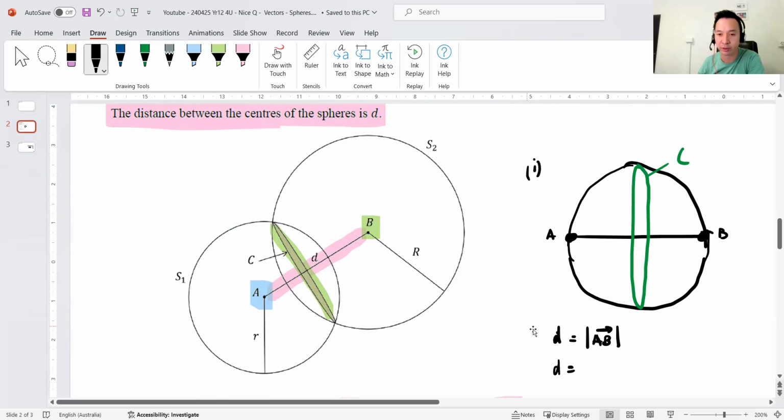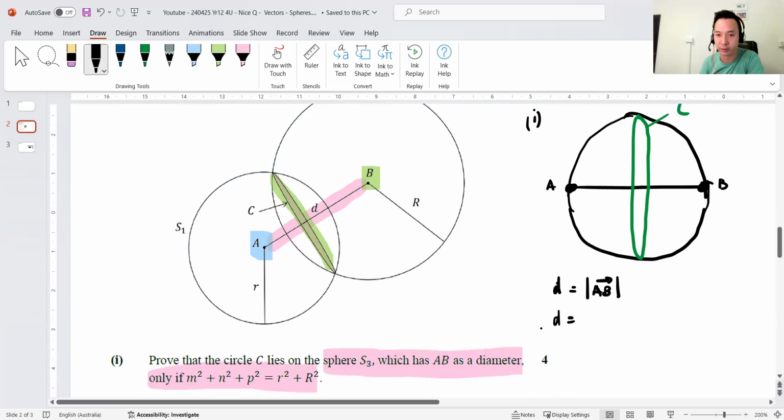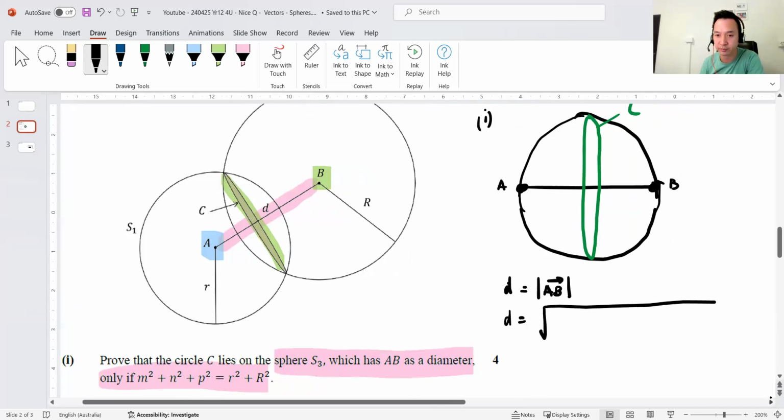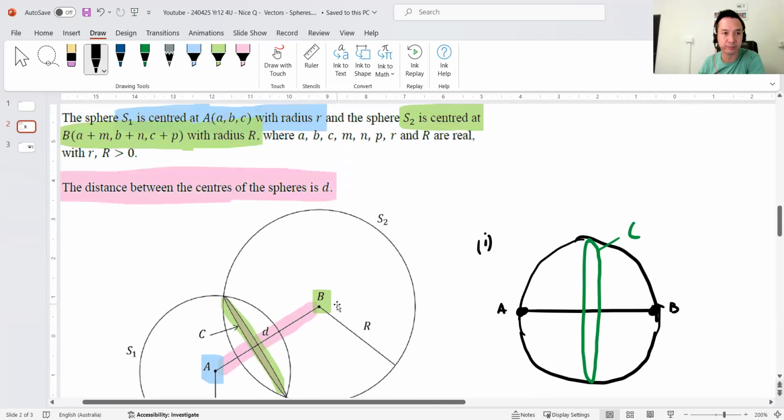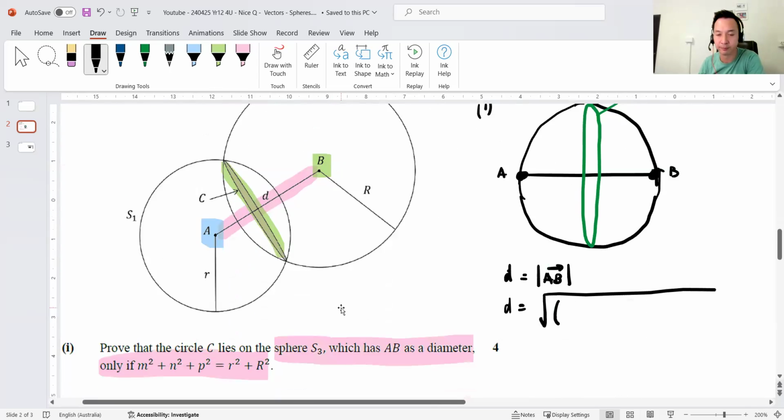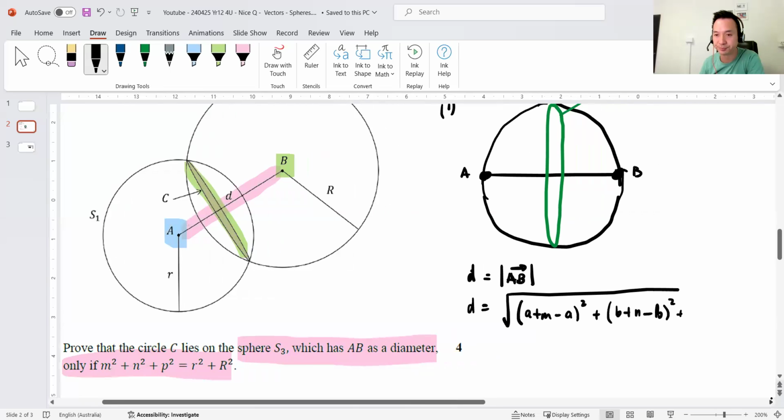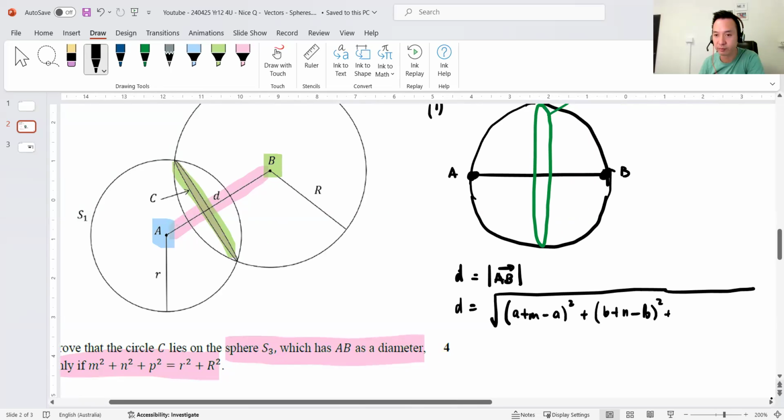Now I know the coordinates of A, and I know the coordinates of B, so it's the square root of, if I was to do the algebra, B is A plus M, A plus N, so it'd be (a + m - a) plus (b + n - b) plus, let's see, c plus p minus c.